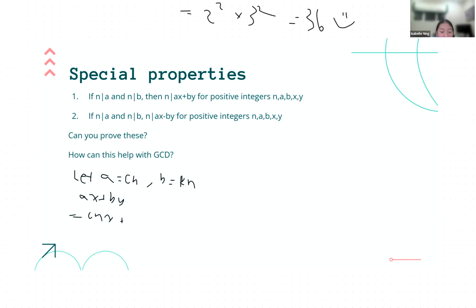And then we can factor out the N, which gives N times CX plus KY. And we know that that is divisible by N because there's an N in here. And we also know that C, X, K, and Y are all integers. So therefore N divides AX plus BY.